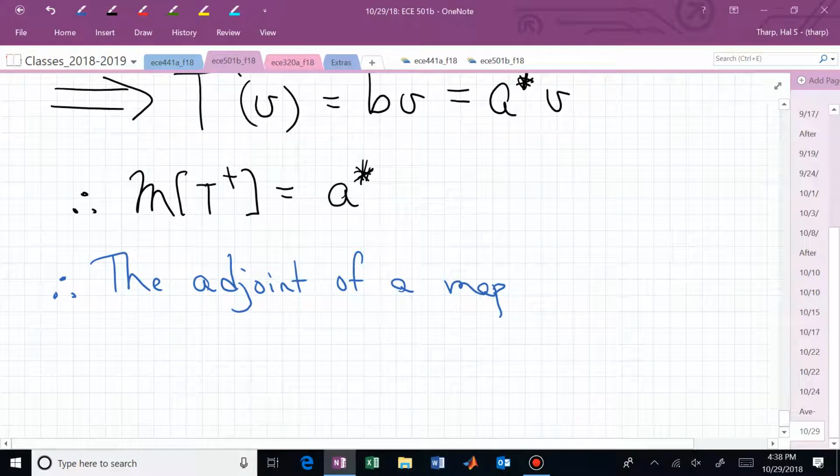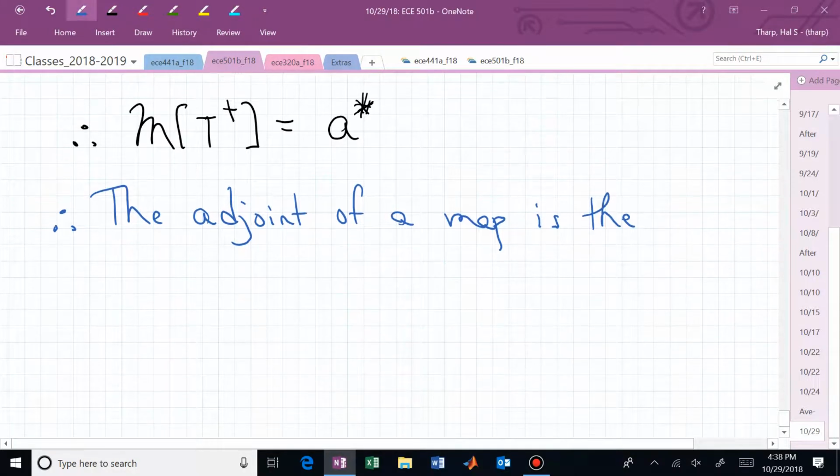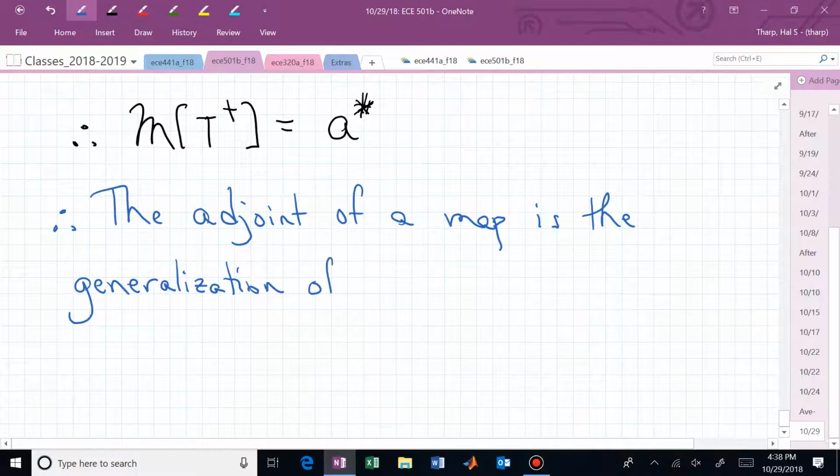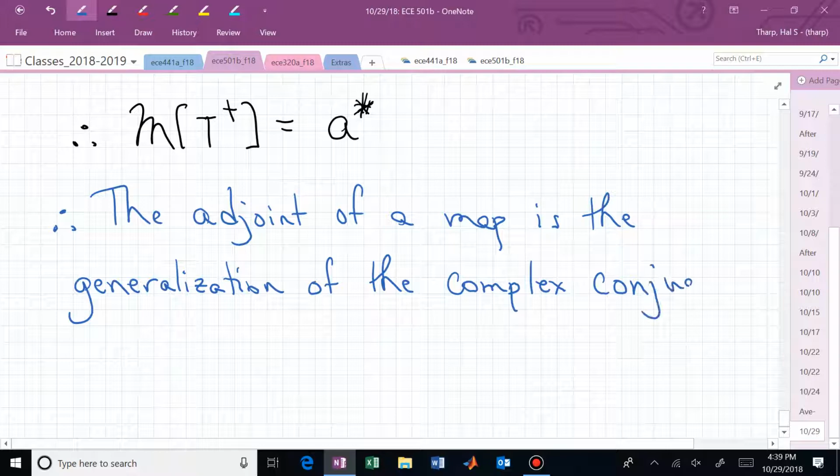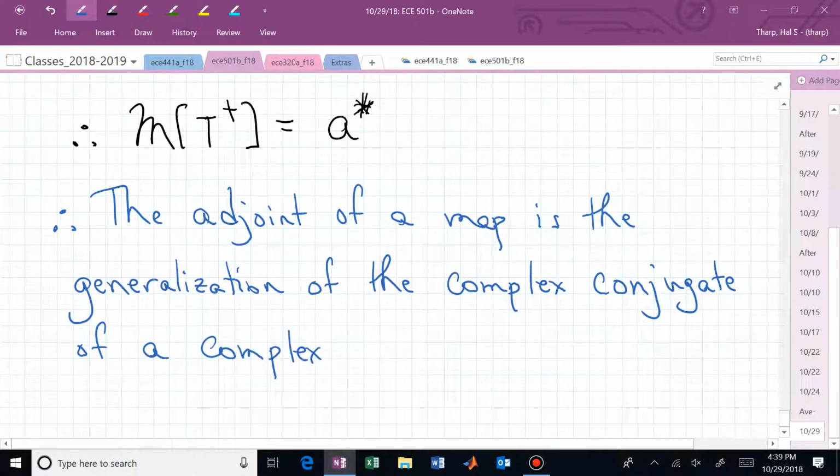The adjoint of a map is the generalization of the complex conjugate of a complex number.